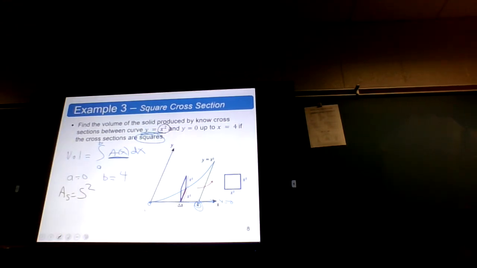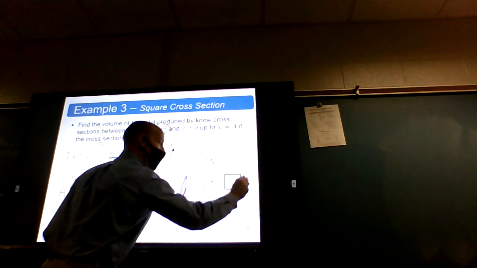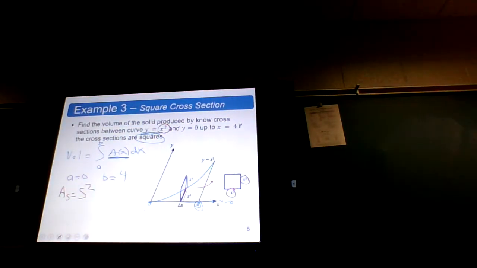It's x squared. So my square is not x by x in this example. It's actually x squared by x squared. Does that make sense? So my area function in terms of x, notice here I wrote it in terms of s, is going to be x squared squared, or x to the 4th.